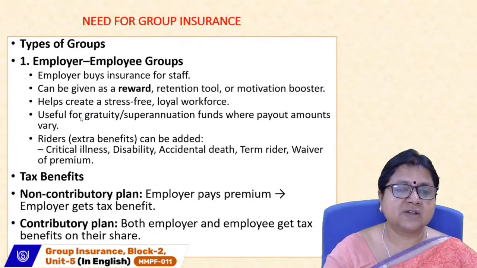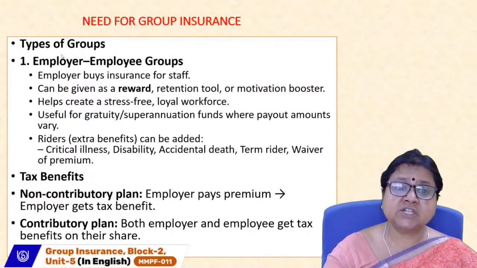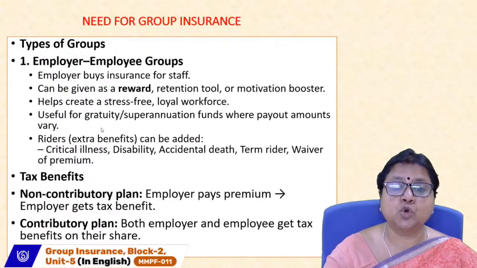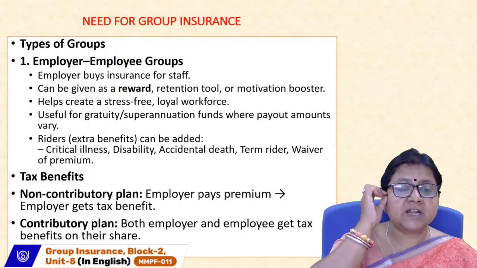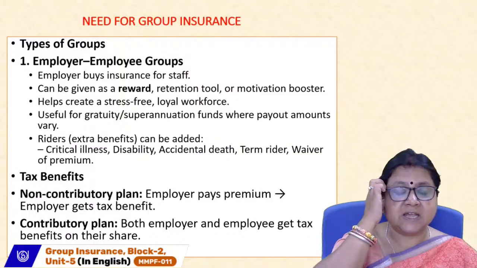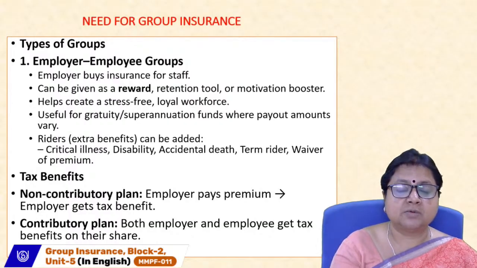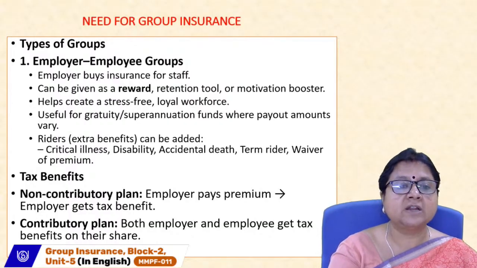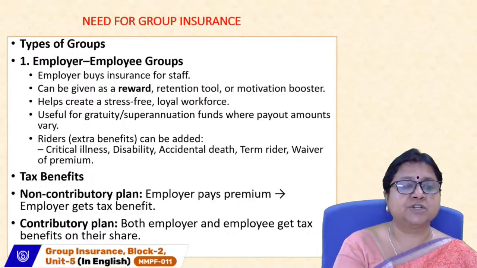And as we have already discussed, it is useful for gratuity and superannuation funds where payout amounts vary. Organizations can save their amount as premiums and provide gratuity or superannuation funds as and when people retire, or leave beyond the dates when they are liable to get their gratuities.